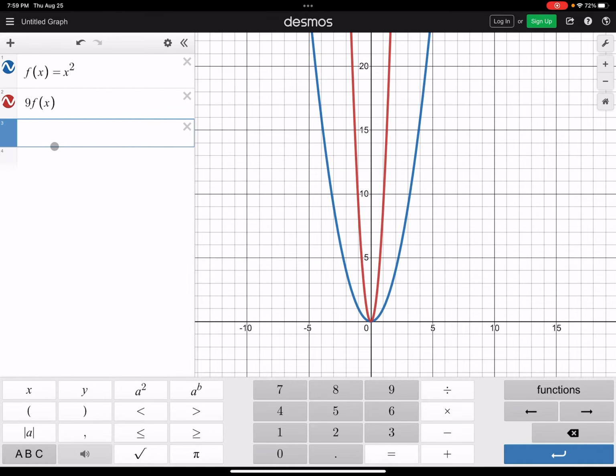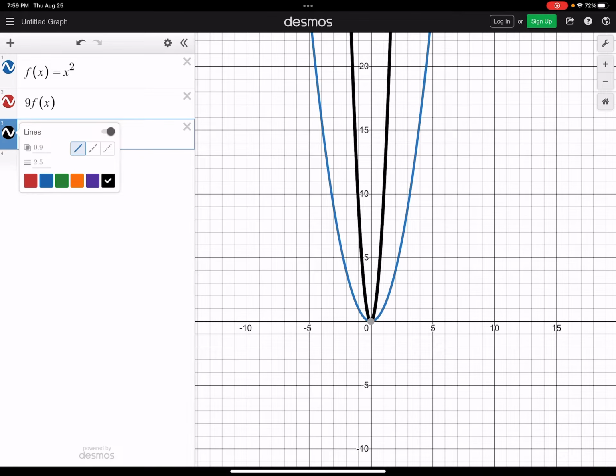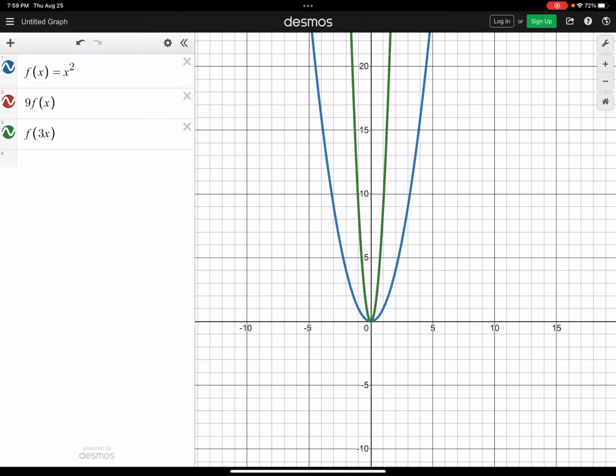Can we do green? Let's say f of 3x. Okay, I'll make it green because I like it. Well, that just overwrote the line, right? Look at that. They're the same line. I'm changing colors, but they are the same, right? A compression horizontally by a factor of 3 is the same thing as a vertical stretch by 9.